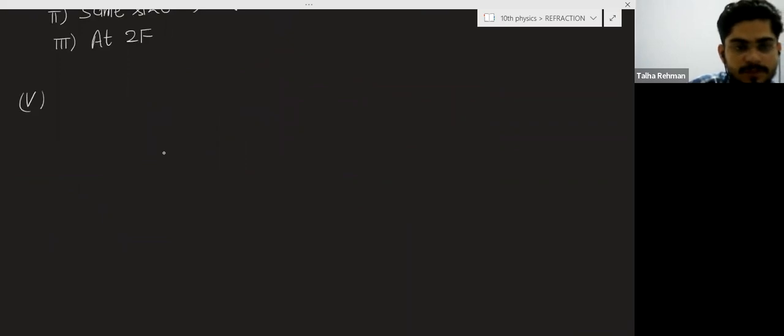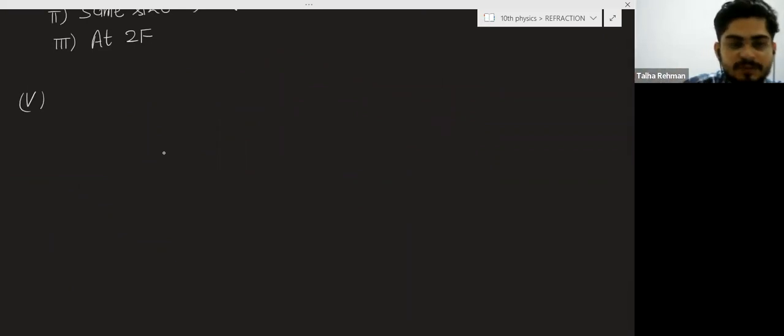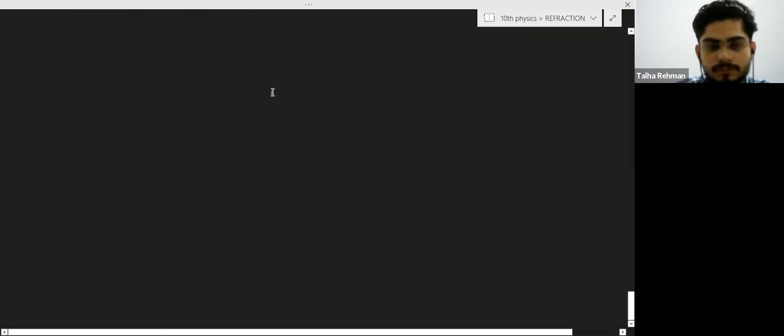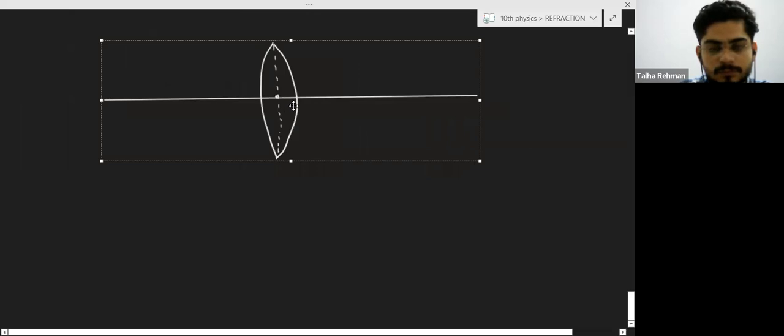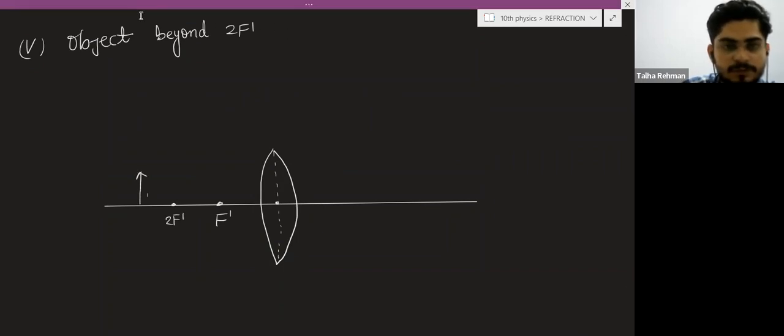Fifth case, when you place the object beyond 2f dash. Suppose this is f dash, this is 2f dash, and our object is here.